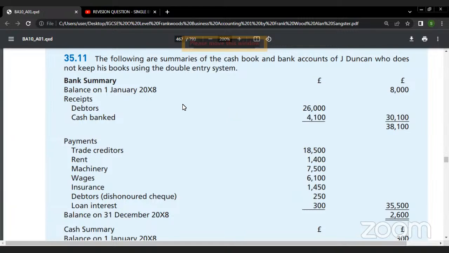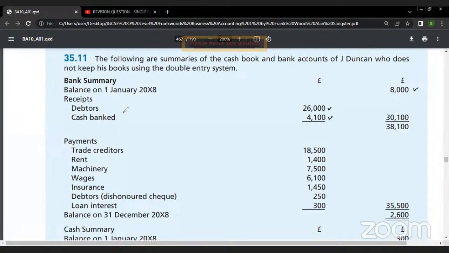So we start with the bank summary, where we have the opening balance. Then we have receipts, and under receipts, of course, we have debtors, 26,000, as well as cash banked.